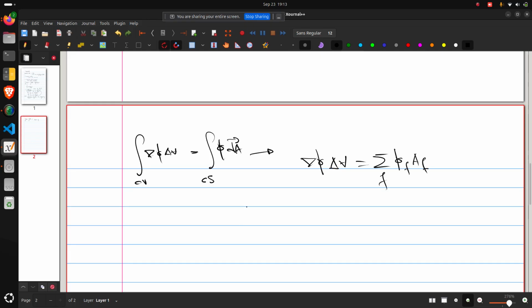And we get an approximate value of the gradient of phi as this: phi f AF times 1 by delta v, and initially we compute the phi f just by some average.